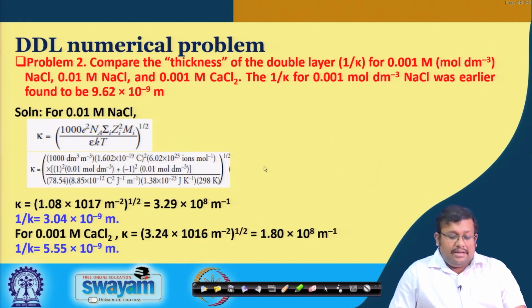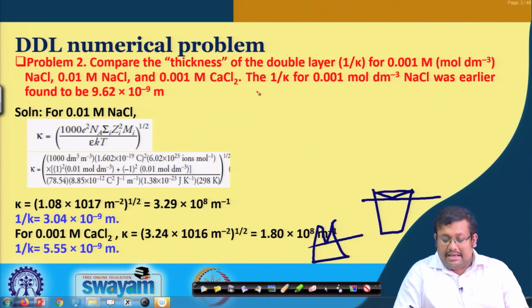Now, another problem is to compare the thickness of the double layer, which is basically 1 by k, the reciprocal of k, for 0.001 molar, that is mole per cubic decimeter, NaCl, that is sodium chloride, which we have just calculated in the previous example, as well as we have to calculate for 0.01 molar of sodium chloride and 0.001 molar of calcium chloride.